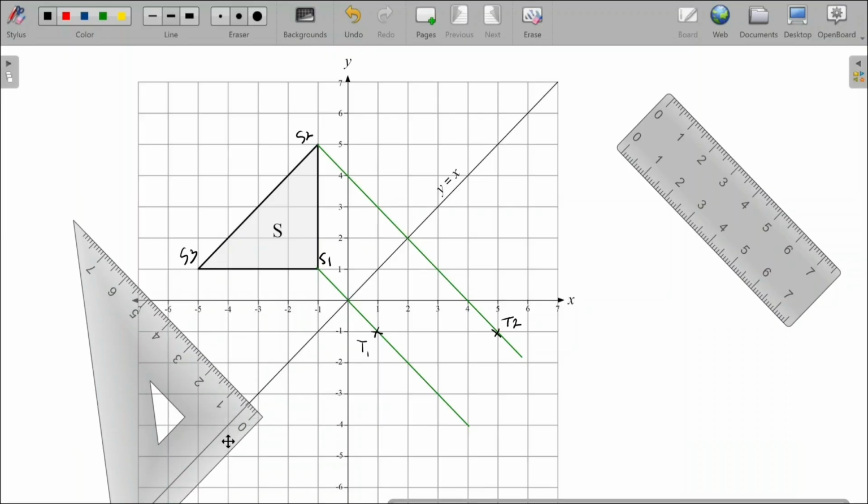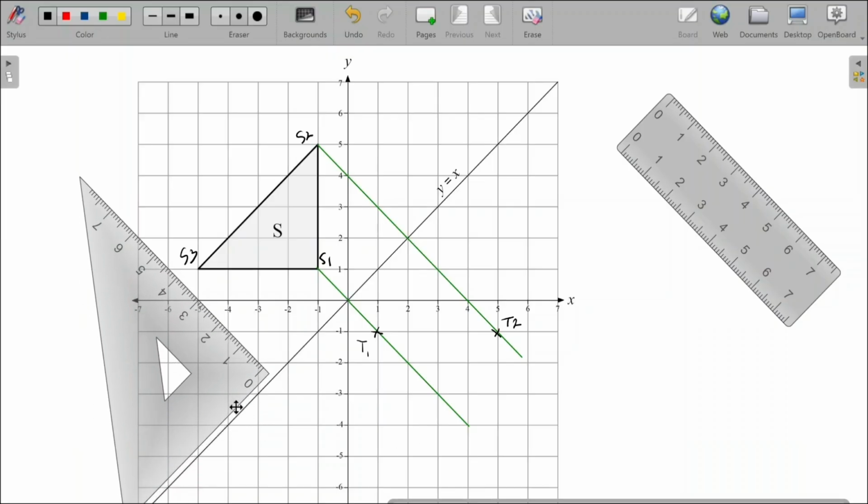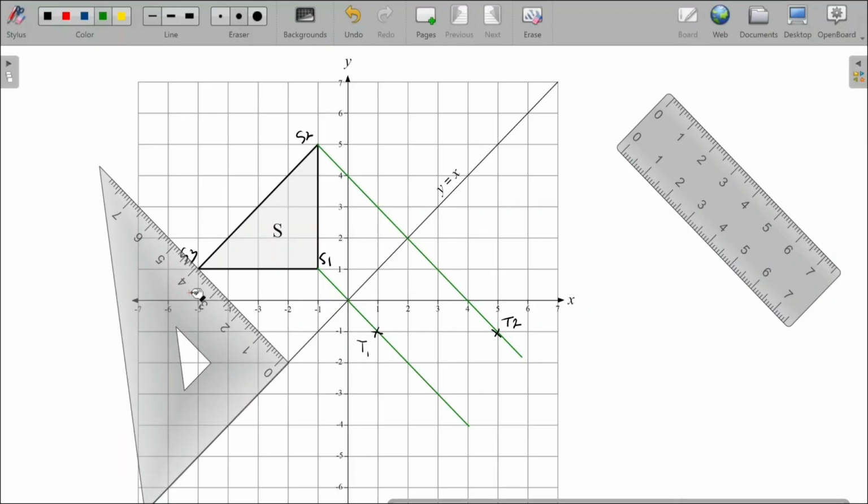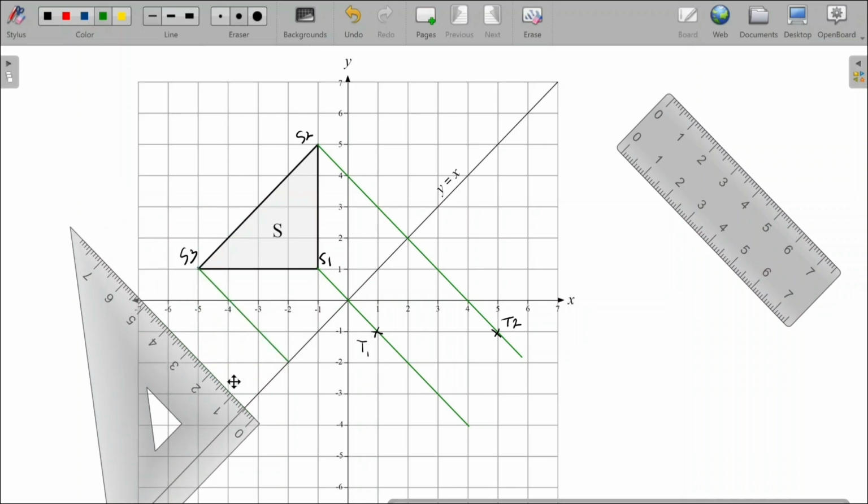So we pick the set square and place it on the line of reflection, while having the other side that forms a 90 with the base on S3. Now that you have this, you can draw a line from S3 to the line of reflection. Now we have a line from S3. Next, we extend the line to the other side of the line of reflection so we can locate T3.